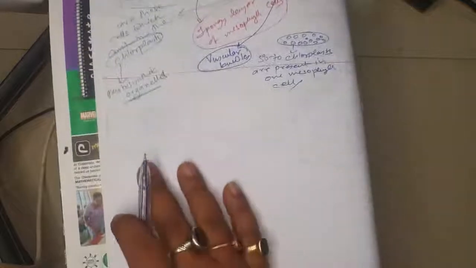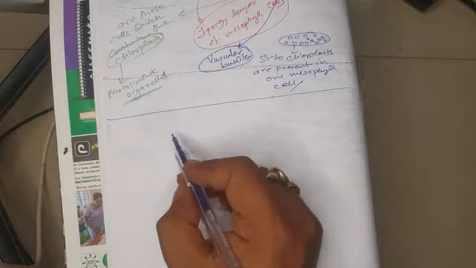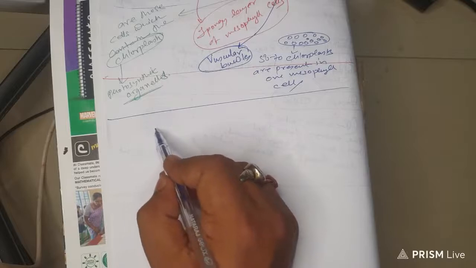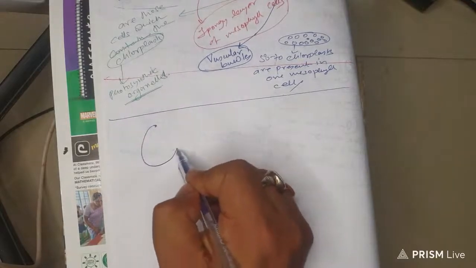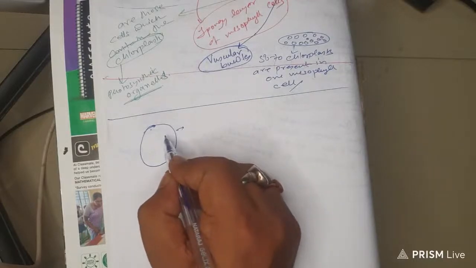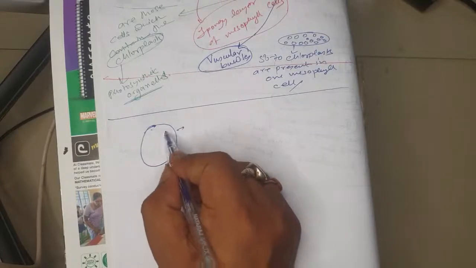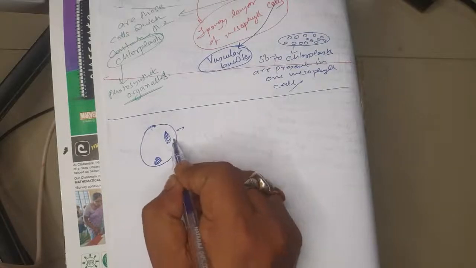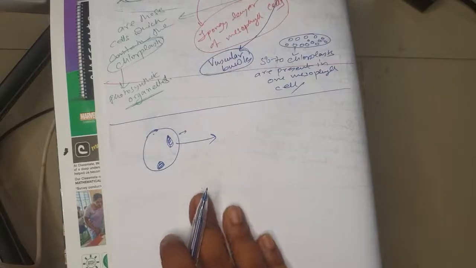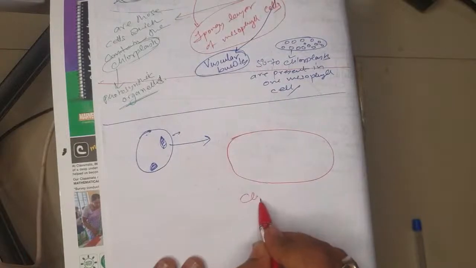Suppose, for example, you draw a cell, and in it there is a chloroplast, or another chloroplast. If you take out the chloroplast and magnify it, suppose this is the chloroplast.